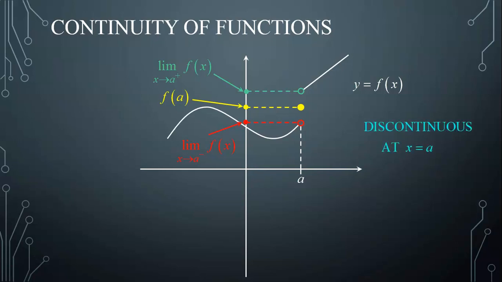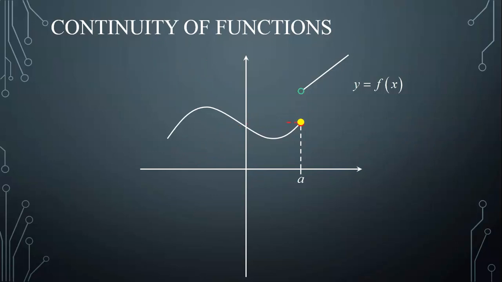This function as is, where the limit of f of x when x is approaching a from the right and from the left and f of a are different, is considered discontinuous at x equals a, as these three components are located at different places and are different.